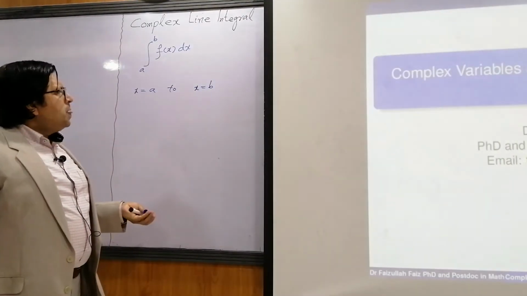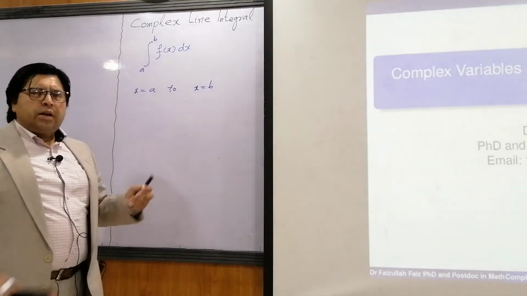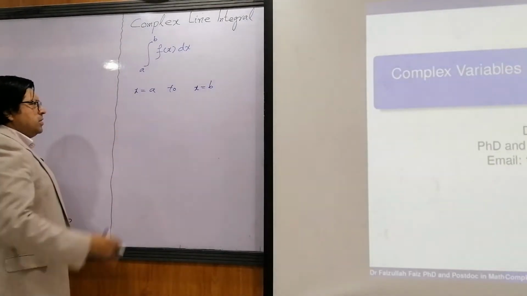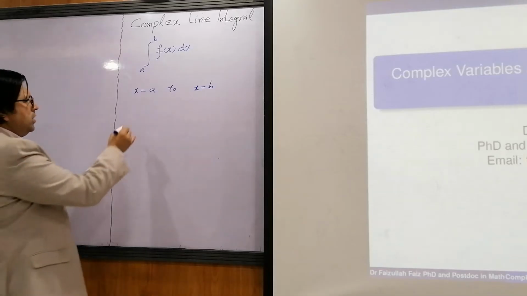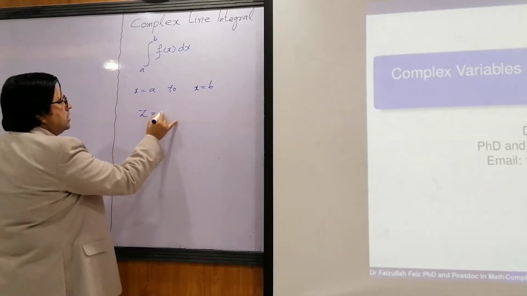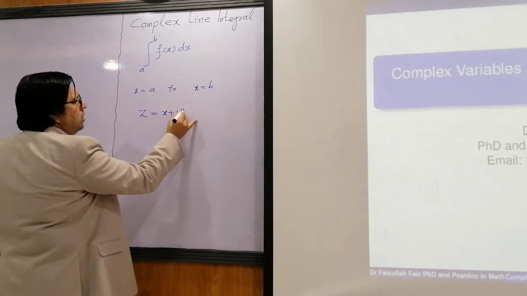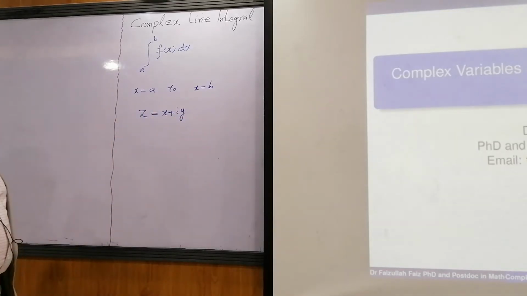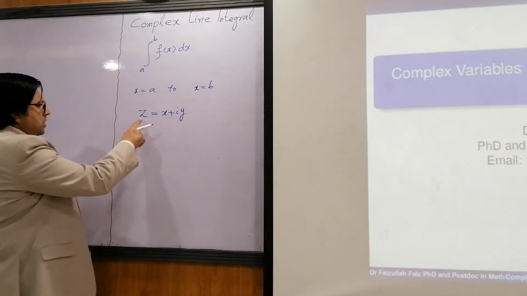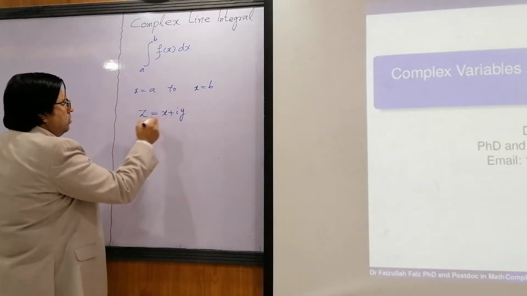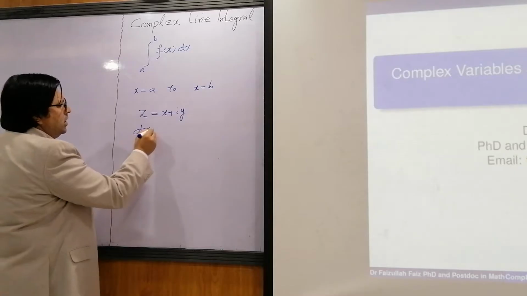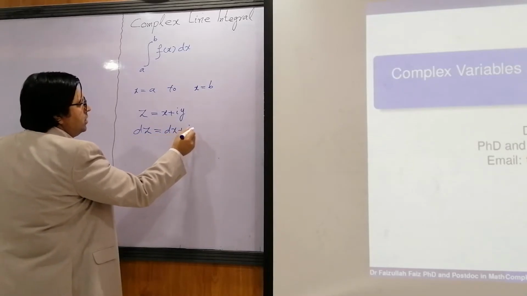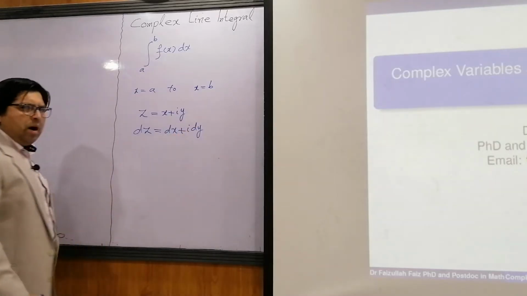Now let us see what we do in the case of complex integration. In complex integration, first of all, we have to know that z is equal to x plus iota y is a complex variable, representing some complex plane. From z equal to x plus iota y, we can get the differential of z as dz equal to dx plus iota dy.